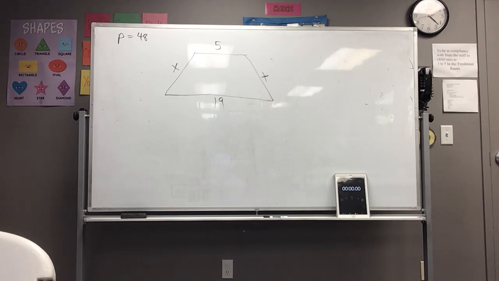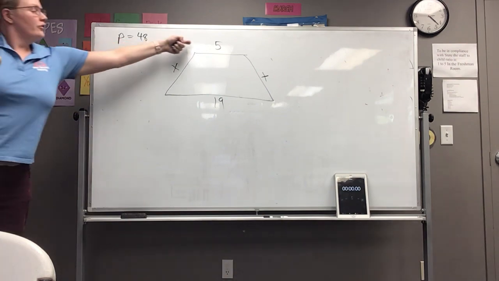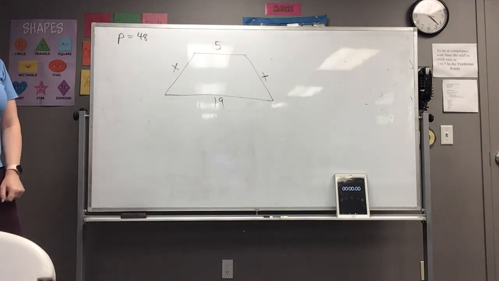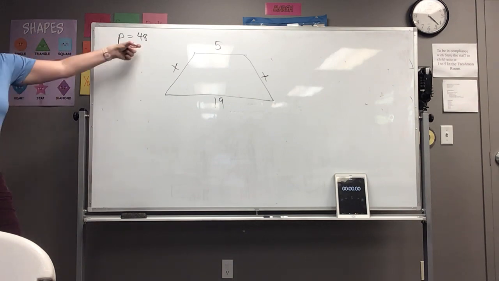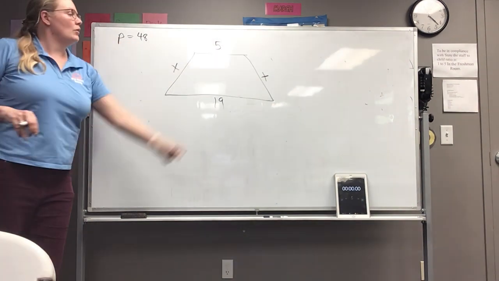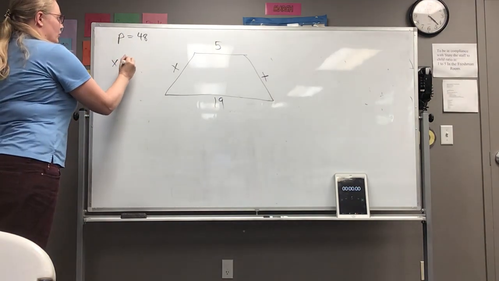Okay, I agree. So 5 and 19 together make 24, and then subtract, we still have 24, share it equally between the two sides, x equals 12.